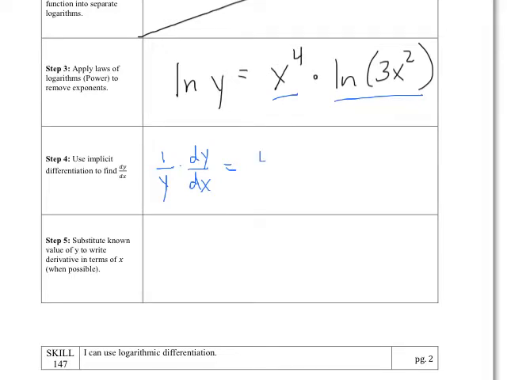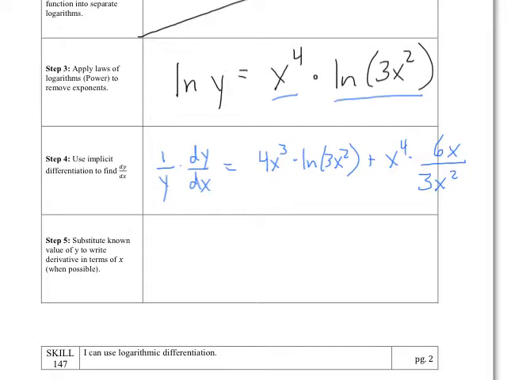So the derivative of the left times the right plus the left times the derivative of the right. And if we take the derivative of natural log of 3x squared, we're going to get 1 over 3x squared times 6x.